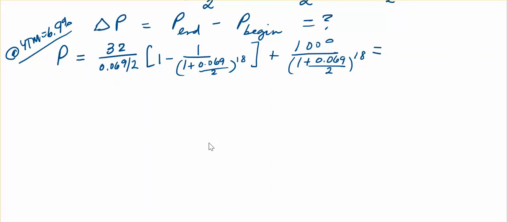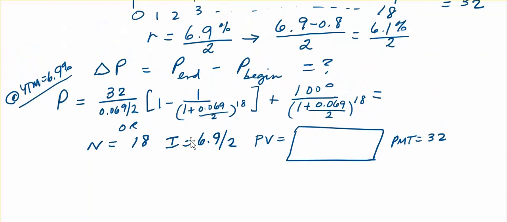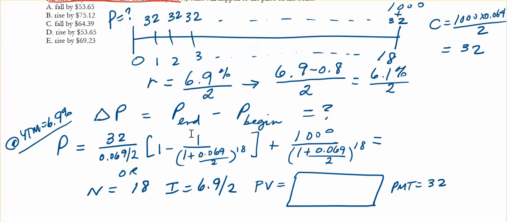So we want to find the price. Again, the way we can do that without plugging it directly into the formula is to just put these numbers into your financial calculator. We want to find the price, which is the present value. The PMT is 32. And now when you are putting your numbers in, at this point, all I need is this timeline I drew.